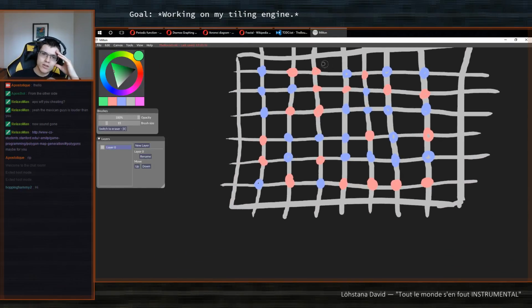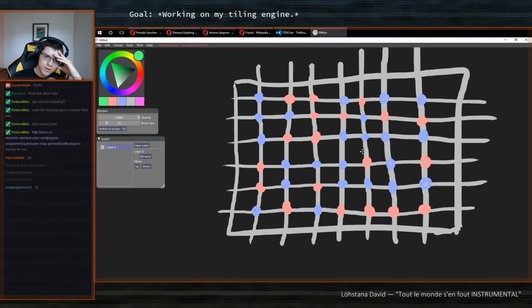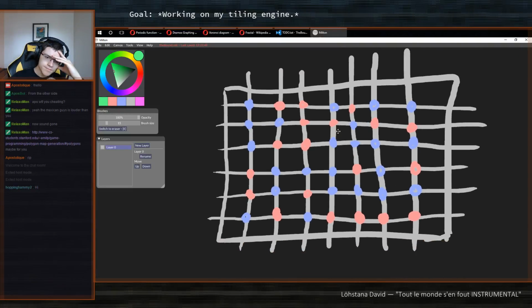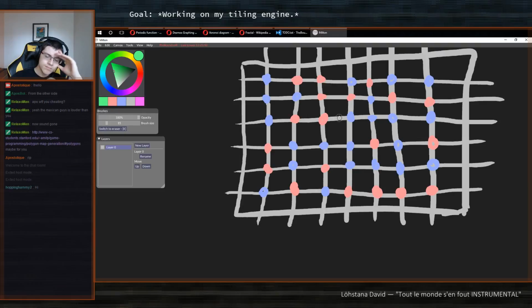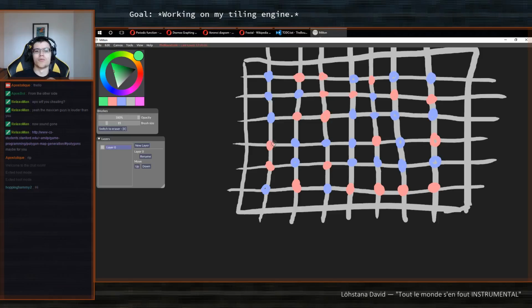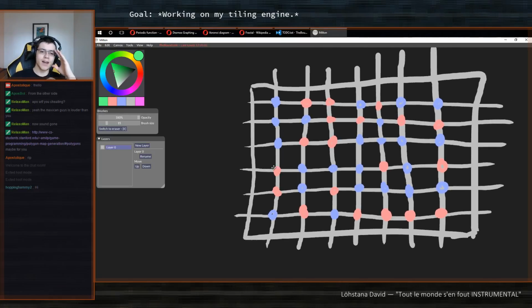So I get this sort of 2D map, and I need some rules that define how they can connect. So can this guy connect to this? Maybe you're allowed to connect to anything inside of your box.